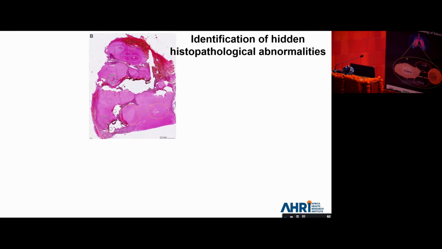Another very important finding that came out of our micro-CT studies is the identification of hidden histopathological abnormalities. Now, what do I mean by that? Many of you study TB, I see Covender there, and a lot of other TB investigators. When they look at the pathology, especially human pathology, you see these necrotic lesions, and within the necrotic lesions you have this swirl of abnormalities or anomalies, which nobody can really tell you what it is.